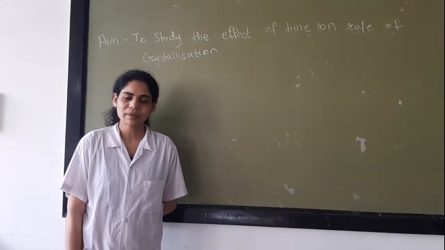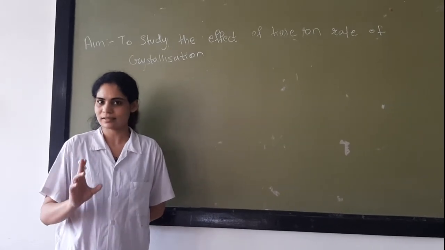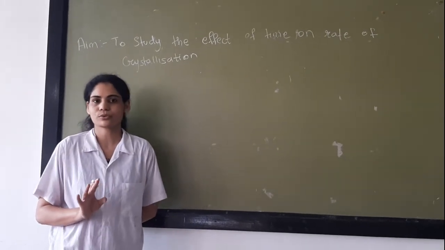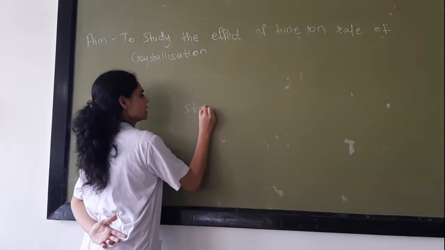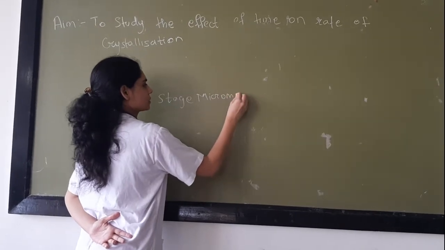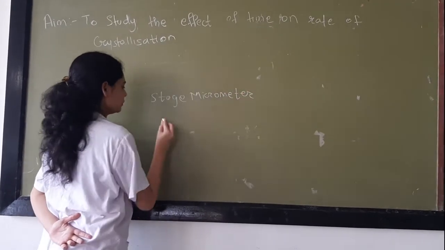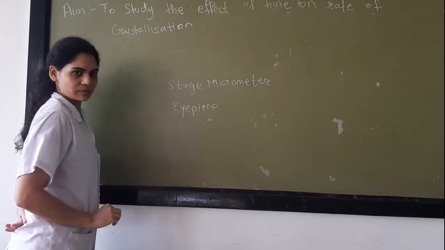Now to measure the particle size, we are going to use the process of micromeritics, that is optical microscopy. In that we use a stage micrometer and an eyepiece.